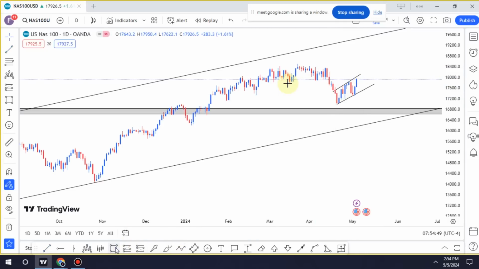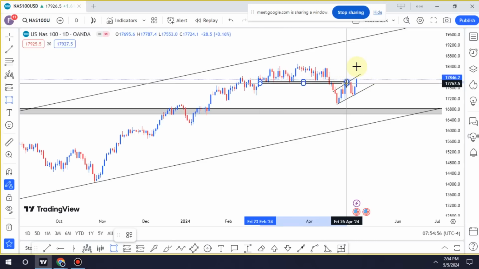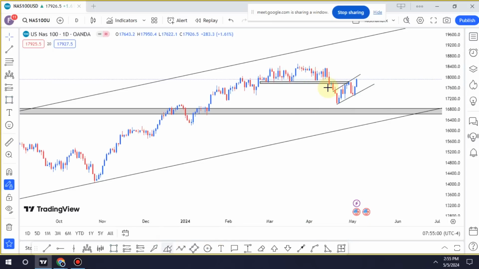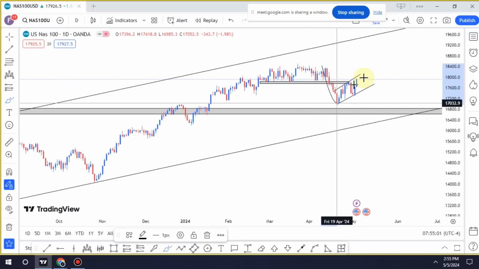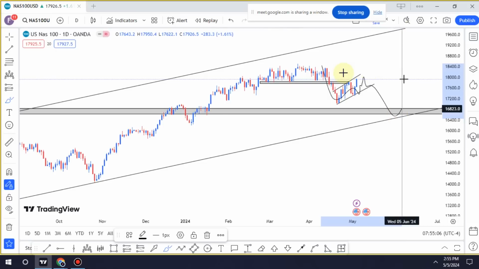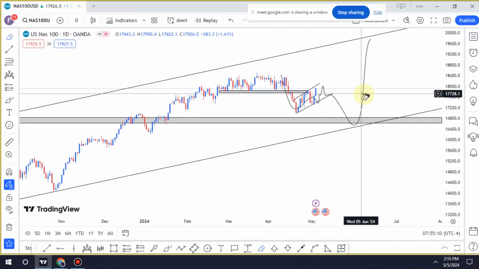Then at the same time we see we had a level right here, a support level turned to resistance, no problem. So what if we say this kind of an impulse correction, and guess what, the market touches this level, that's when we look for swing position. Now that is based on the daily. So let's go to the 4 hour and see what the market is doing.